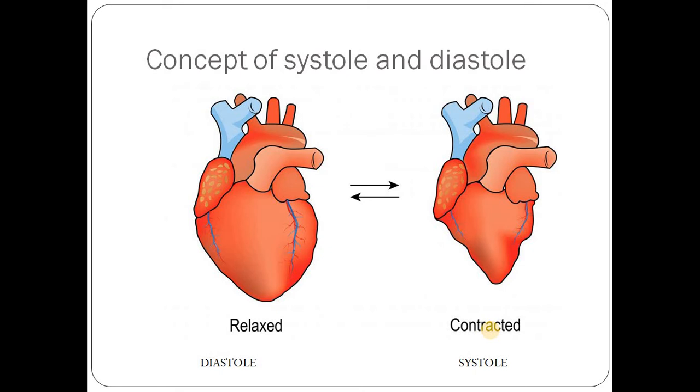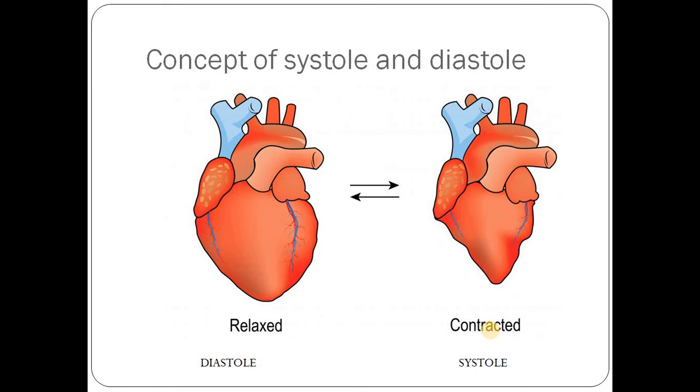These atria and ventricles alternate between relaxation and contraction. If the atria, that means the auricles, are contracting, at that time the ventricles are in the relaxed state, and once the auricles are relaxing, at that time the ventricles are in the contracted state.